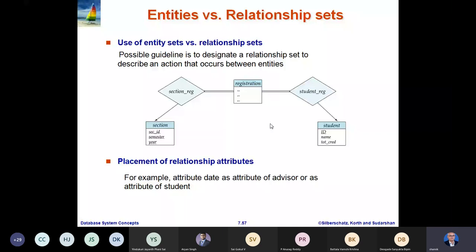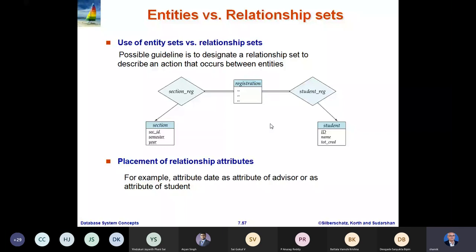But this possibly is not so intuitive. We have to follow our intuition about what exactly is happening: registration, as an entity, should have its own existence, but it is more like when a student is registering for a course, only then this registration happens. So a better choice is to make registration a relationship.